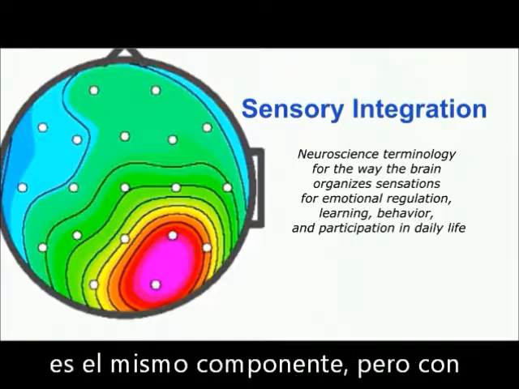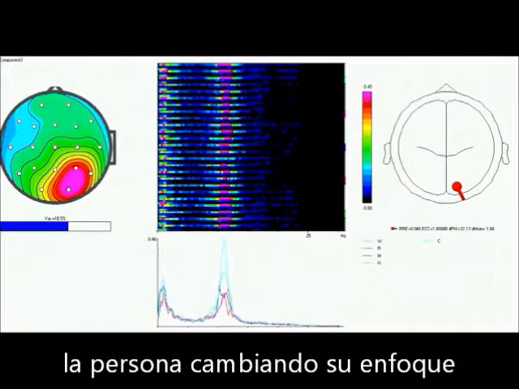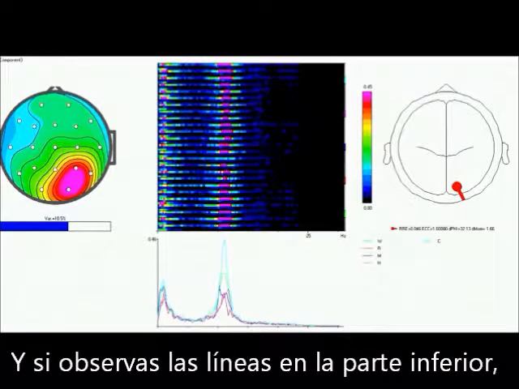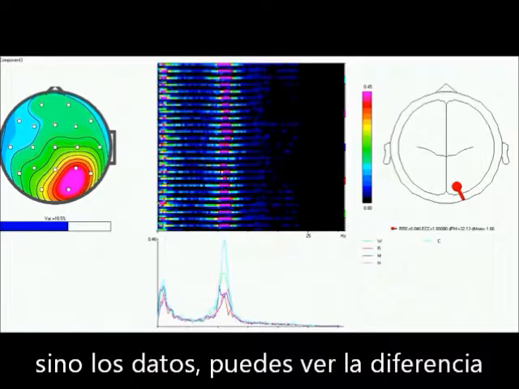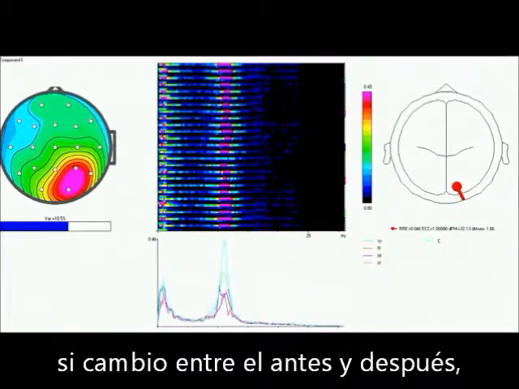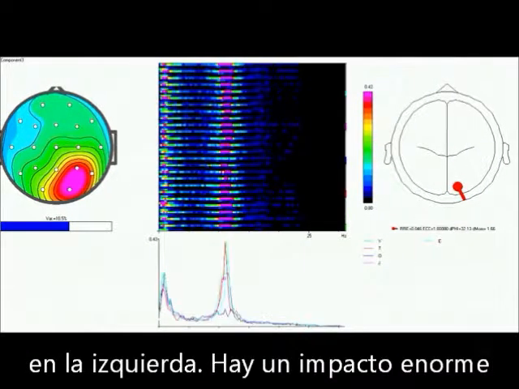The next slide is the same component, but with the person shifting their focus from the right to the left. If you look at the line drawings, not the map of where things are coming from, but the actual data set, you see the difference. If I click back and forth between these two, you see the difference between focusing right and focusing left.